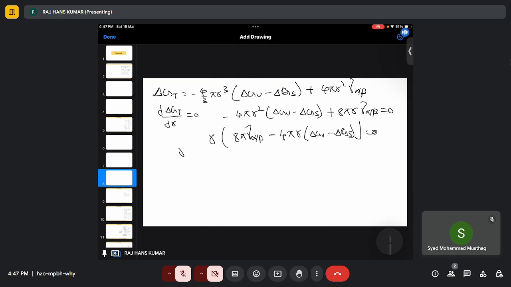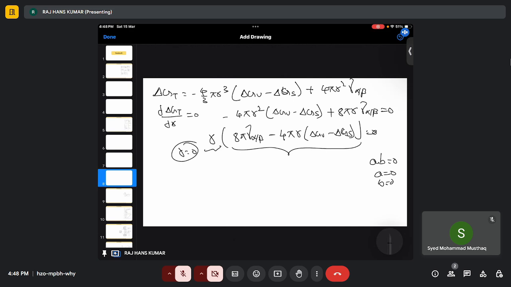Now, R can be equal to 0. One solution is R equals 0. Then also, this term should be equal to 0. Let's say if AB equals 0, then either A equals 0 or B equals 0, or both can be equal to 0. So first of all, R can be equal to 0.